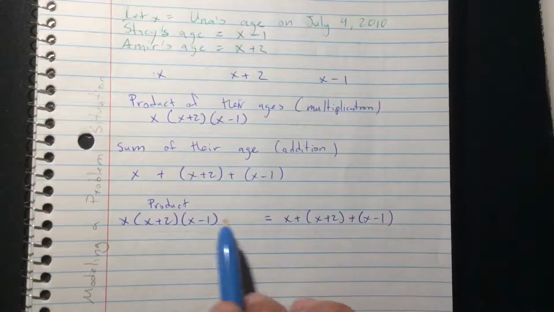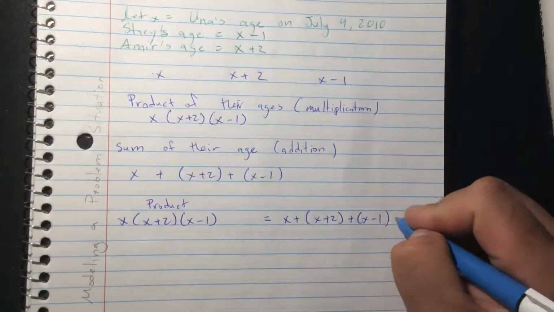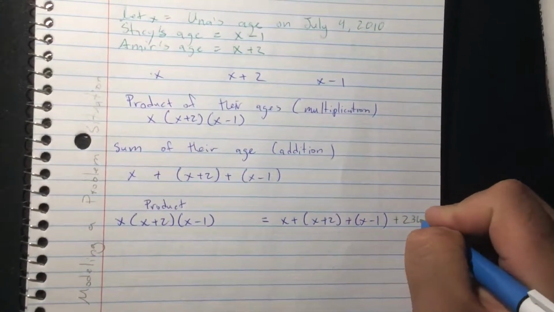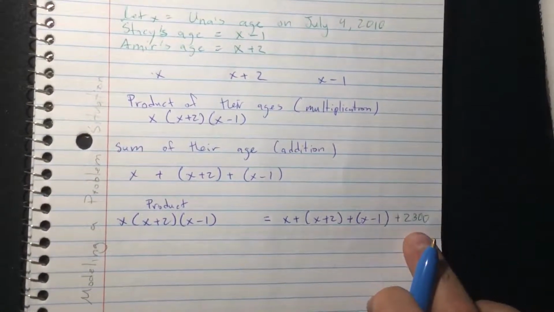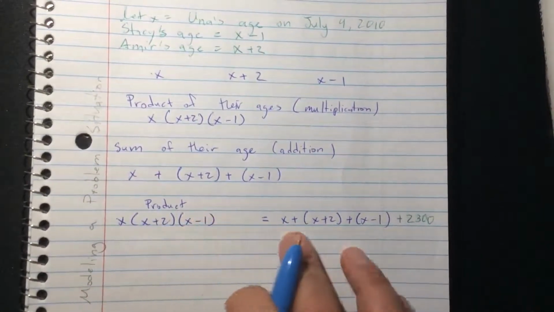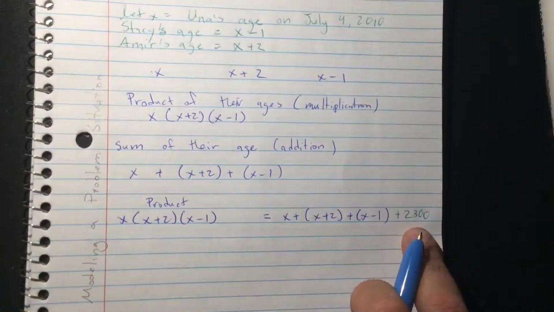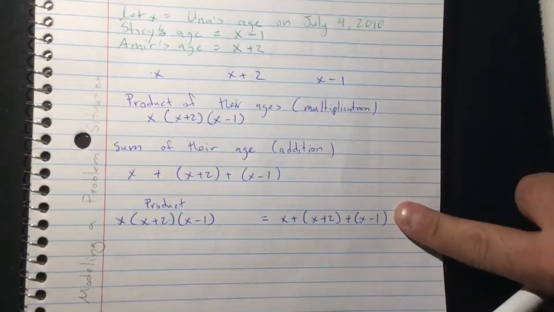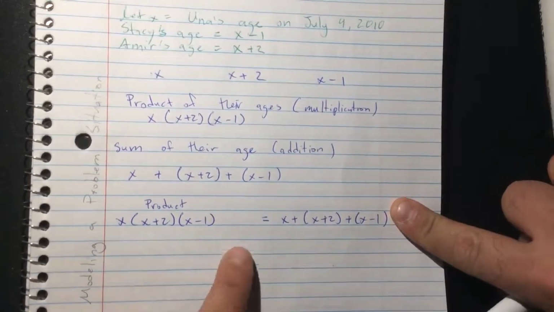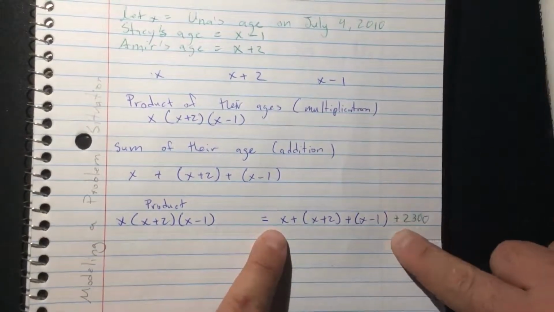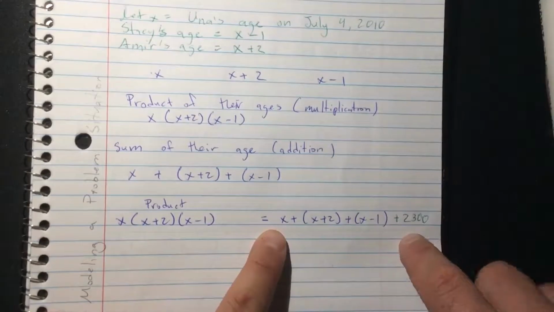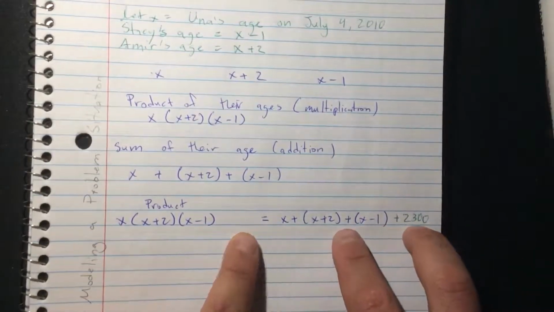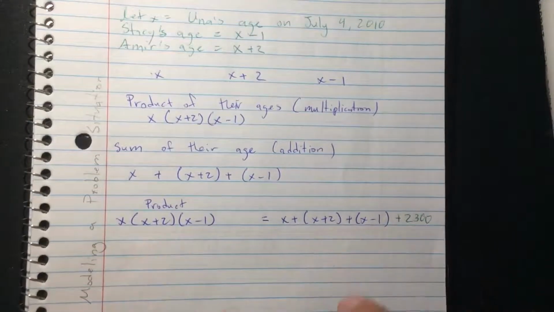So in order to make these equal, I had to add the extra 2,300 to this side, because this is 2,300 more than this side. So in order to make this equal sign true, I had to add those 2,300 to this side, so that when you add these together, it would equal that.